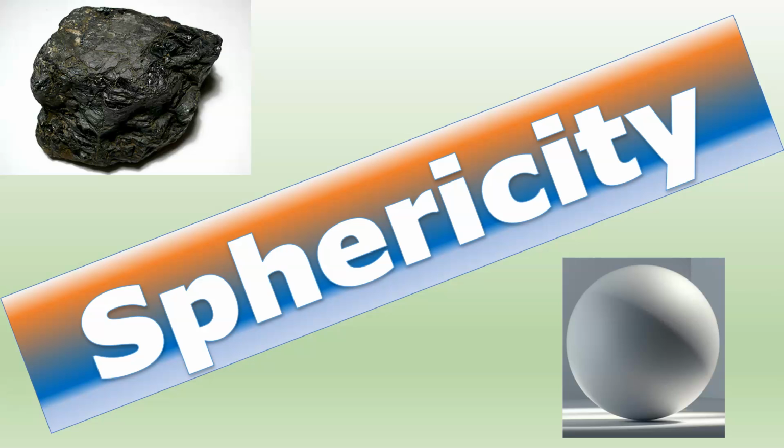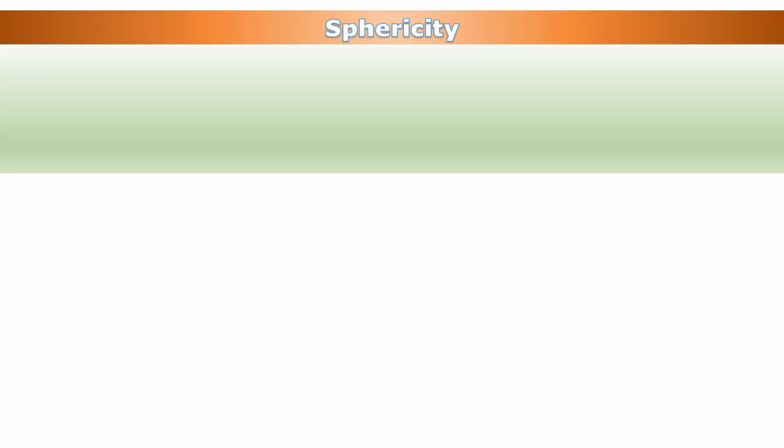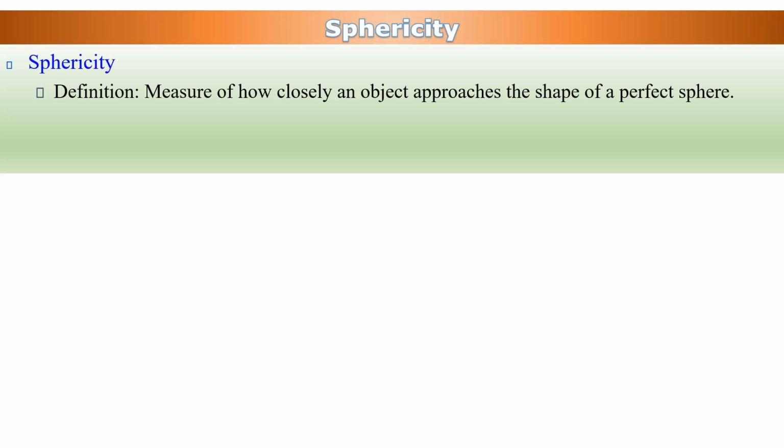Today I will discuss sphericity. So what is sphericity? The sphericity definition is a measure of how closely an object approaches the shape of a perfect sphere, meaning how close the shape of that particle is to a perfect sphere.